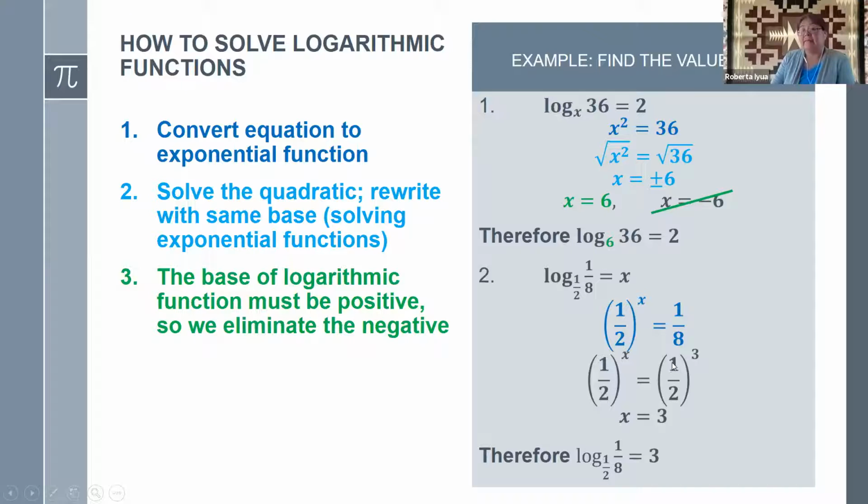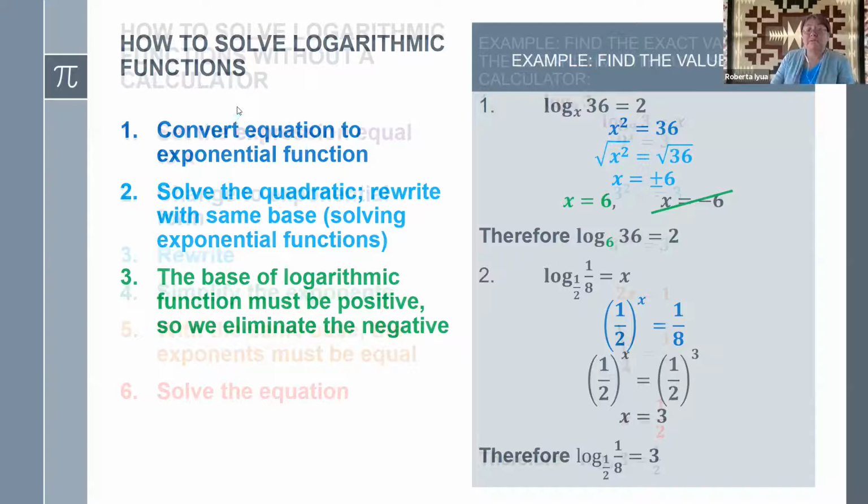So 1/2 as the base for the 1/8, raised to the 3rd, which gives me 1/8. And then I just set the exponents equal to each other. So x equals 3. Therefore, the log base 1/2 of 1/8 is equal to 3.